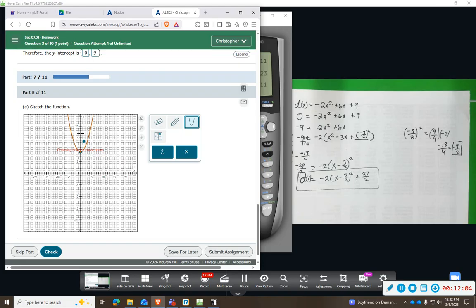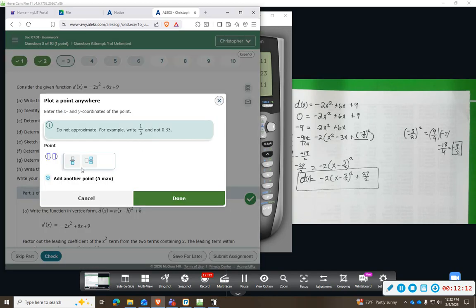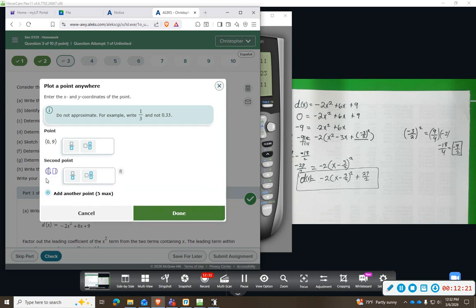This parabola is opening down, so that can't be right. Okay, I'm sorry, wrong thing. Go back. Plot a point. I just put it on the wrong spot. (0, 9). Add a point, and our vertex was 3 divided by 2 and 27 divided by 2.